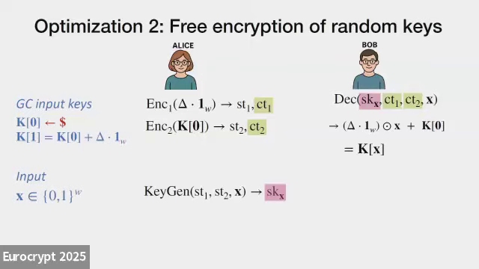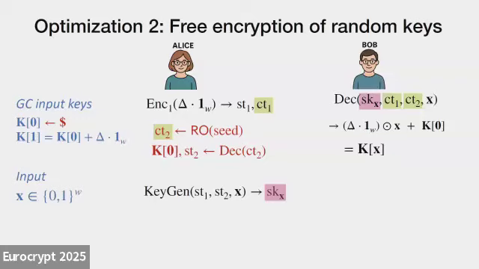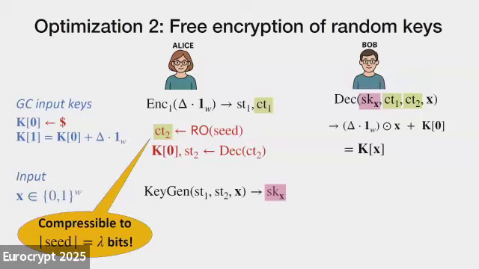We sample the ciphertext CD2 first, and then reversely compute the inputs K0 from it. All right? And sampling CD2 is something that we can do using the random oracle. So Alice and Bob both just have some short seed, put it into the random oracle, and both obtain this long ciphertext CD2, which does not need to be sent to Bob anymore, but it's really just a short seed of length lambda.